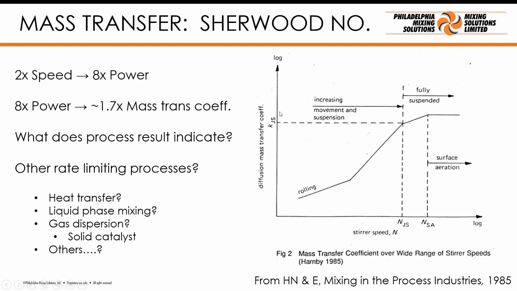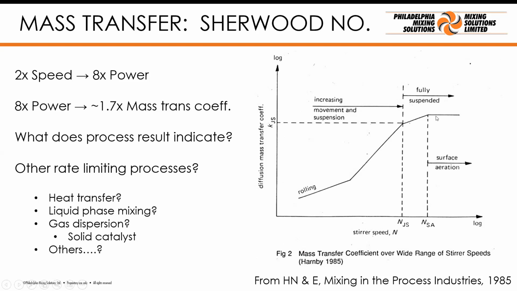So this is a chart which I've copied from Mixing in the Process Industries, edited by Hanby, Nenow, and Edwards. This is the mass transfer coefficient, and this is the stirrer speed. When the particles are on the base of the vessel, part of the mass transfer occurs by diffusion through the bed of settled solids.